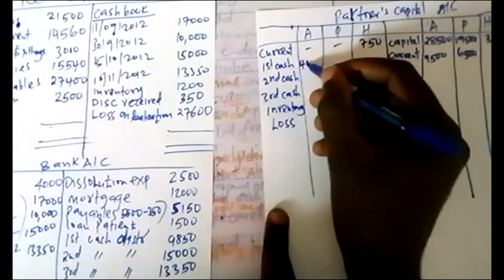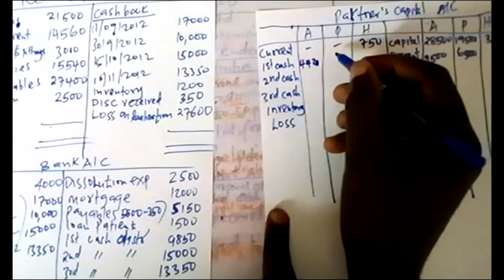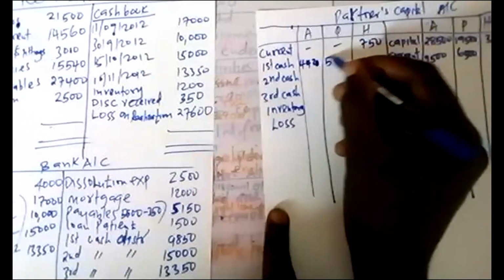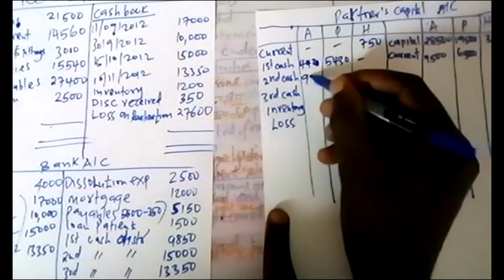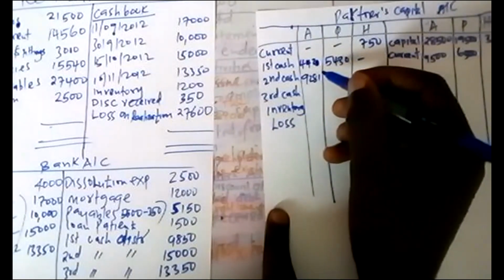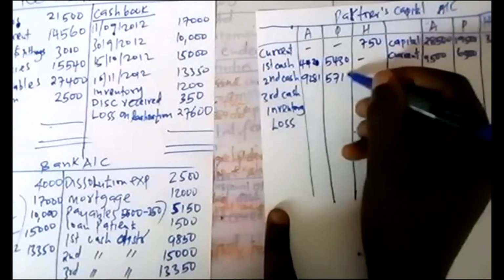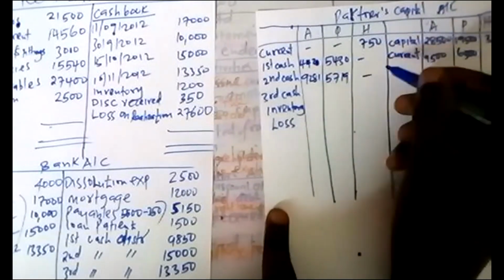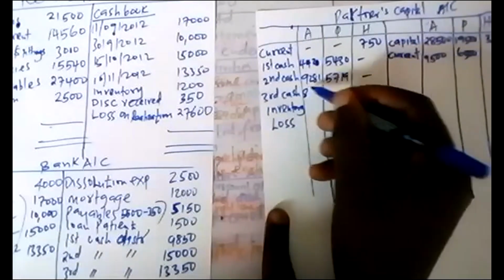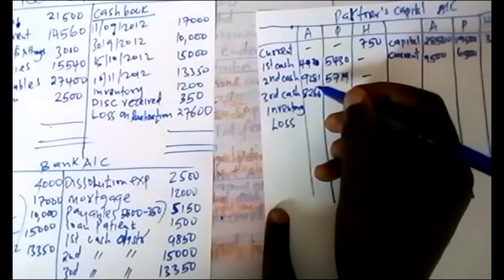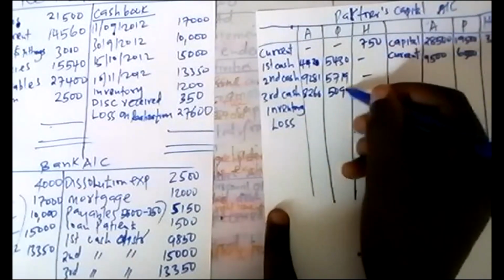This one was 44.20. This one was 54.30. Then this one was 9281. This one was 5719. This one is from the statement of cash distribution. So this one was 8260, and this one was 5090.